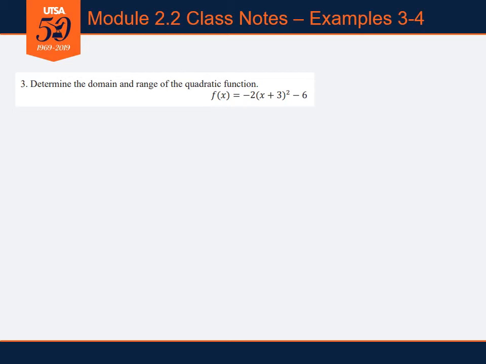And the range is going to be determined by some pieces of information that we're actually already familiar with, and that is, first of all, which direction is this quadratic function opening in? Is it opening up? Is it opening down? And the a value tells us. Here a equals -2, that's less than 0. A is negative, that means we're going to be opening downward.